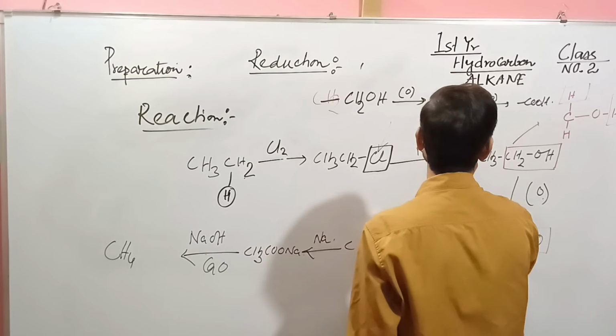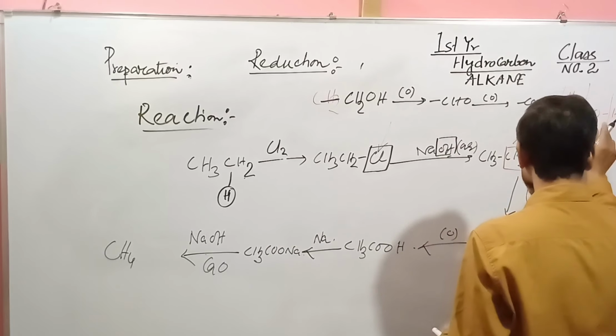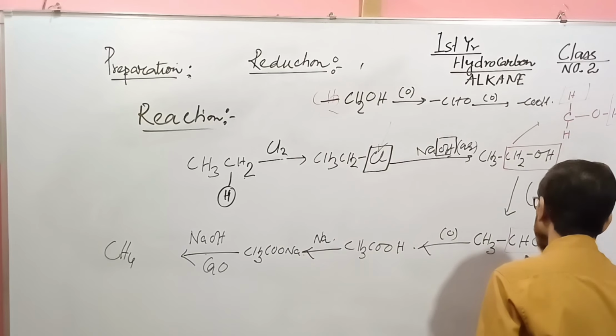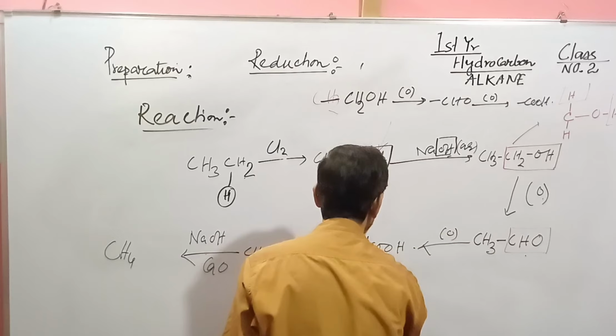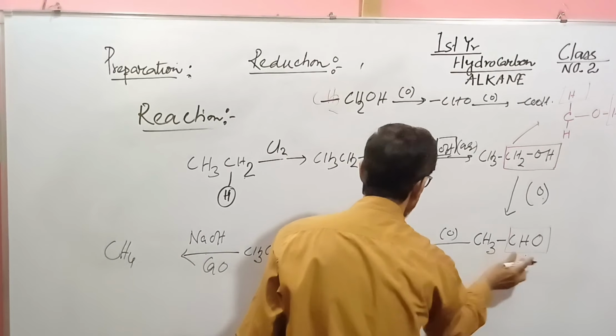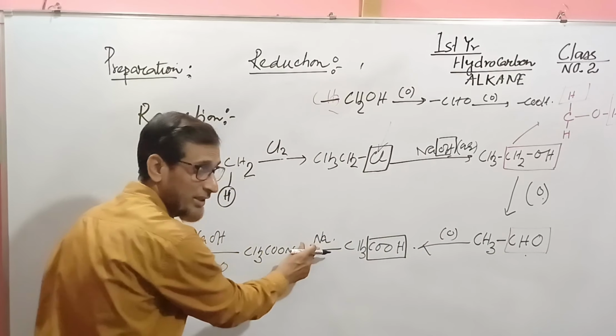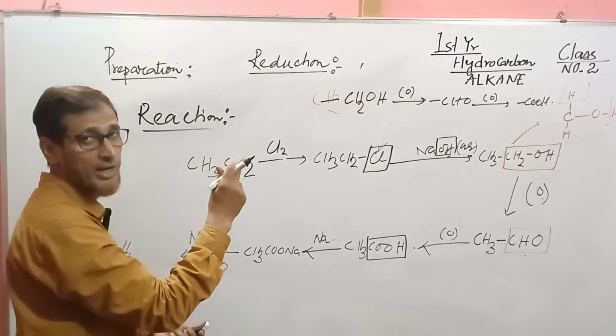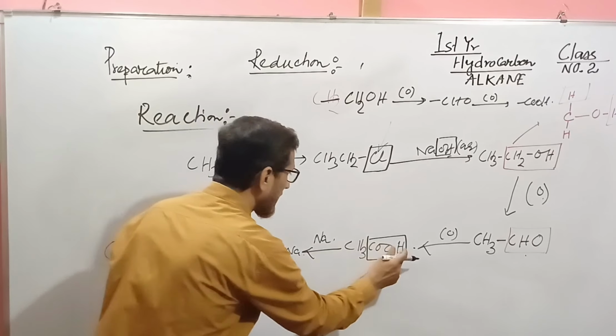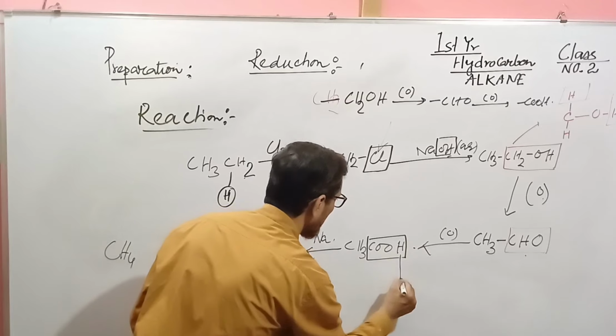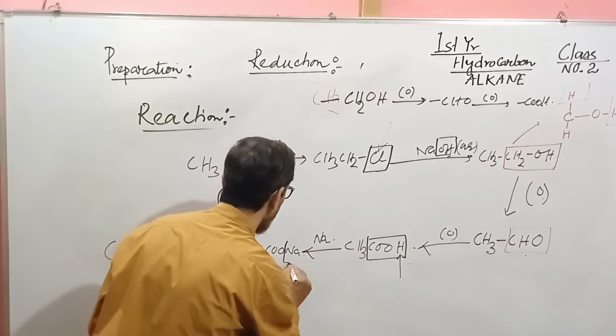Here oxidation gives CHO, and again further oxidation, that CHO becomes COOH. In the decarboxylation reaction, I showed you the Duma process, where that hydrogen is replaced by sodium.